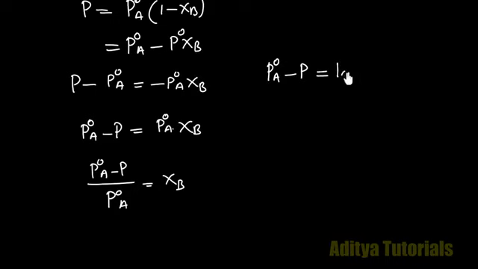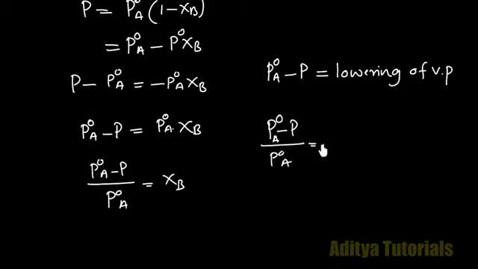This lowered vapor pressure is compared to the standard value, that is the pure form vapor pressure of A. Then P naught A minus P divided by P naught A is called the relative lowering of vapor pressure, because P naught is the actual value of the vapor pressure, and this much is reduced, that is the lowered vapor pressure.